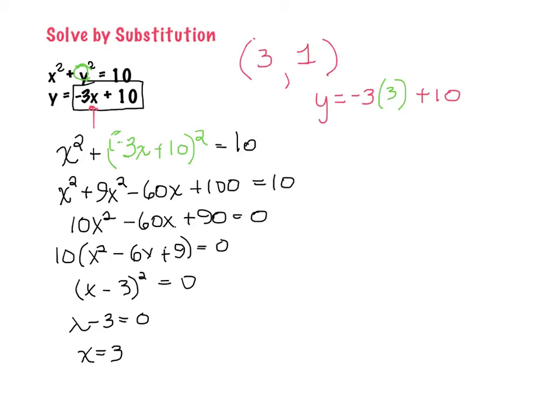Now, if I substitute this x and this y into both equations, it should work for both equations because this is where the graphs are equal. So if I do x squared plus y squared, does that equal 10? Yes. And does 1 equal negative 3 times 3 plus 10? Yes, so it checks out.